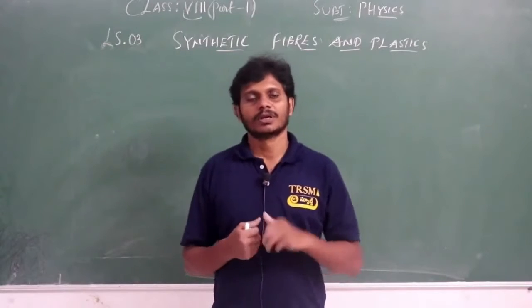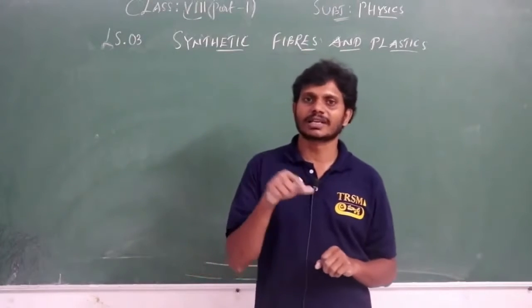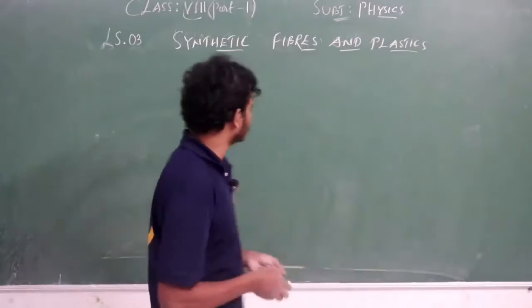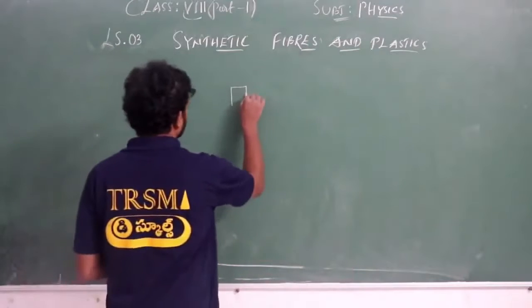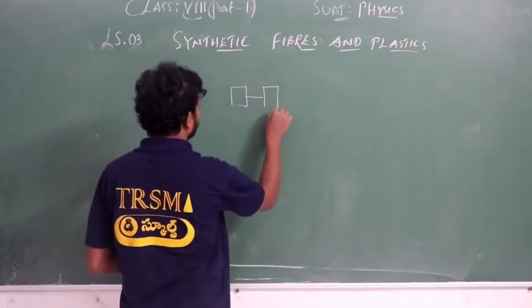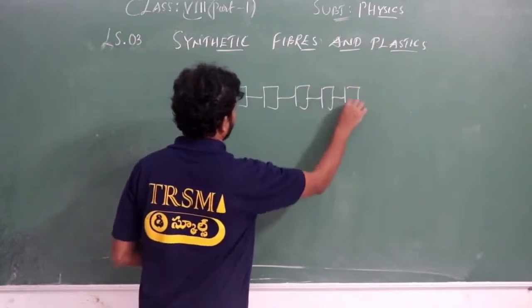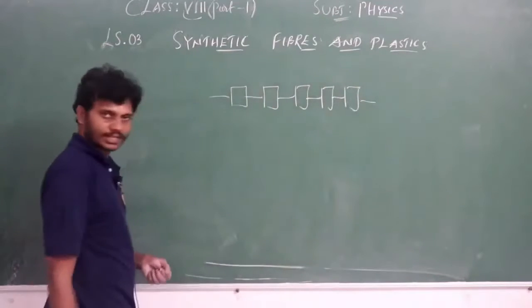And the second type of linkage is cross linkage. We discussed this. For example, this is a monomer, this is another monomer, and this is another monomer. Here they are linked with each other like this, so it is said to be a linear linkage.